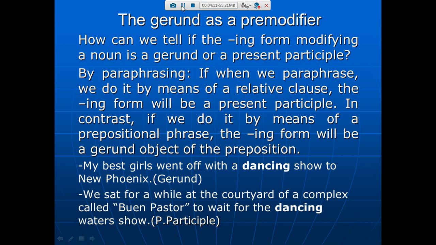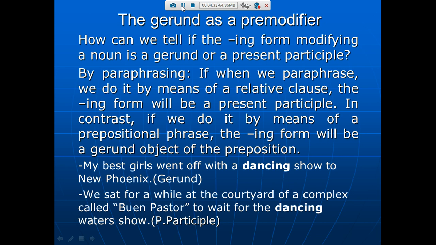How can we tell if the ing form modifying a noun is a gerund or a present participle? Because we will see that they have the same surface structure. So how? By paraphrasing. If when we paraphrase, we do it by means of a relative clause, the ing form will be a present participle.